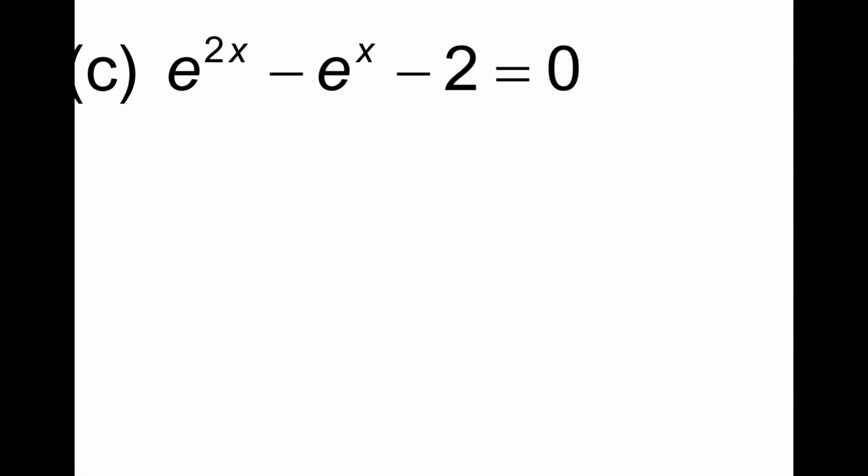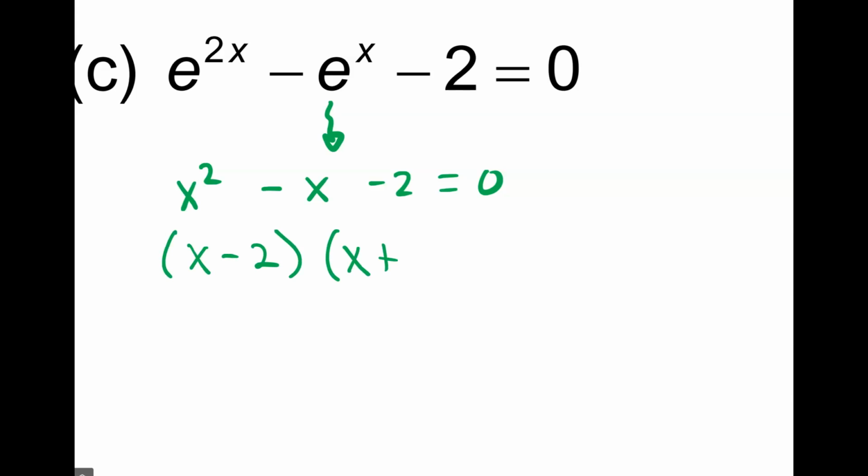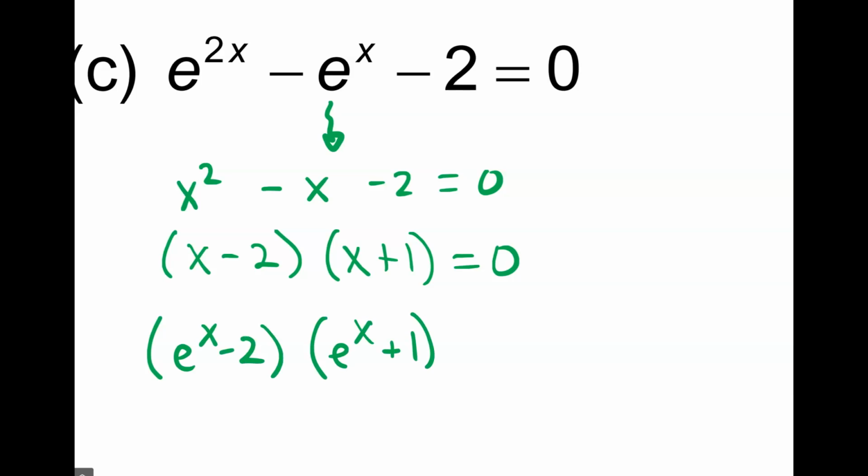This one's harder because you look at it and wonder what is going on here. But if I wrote a similar problem, x squared minus x minus 2, you would be able to solve it. This would be a doable problem. It would just be x minus 2 times x plus 1. But instead of x, here it's e to the x. So I have e to the x minus 2 times e to the x plus 1.